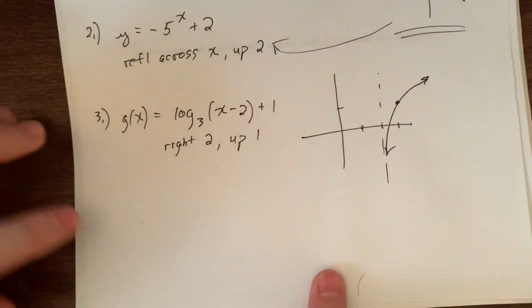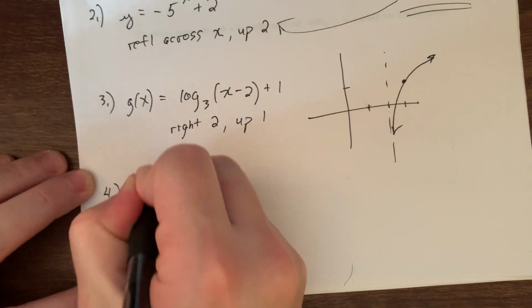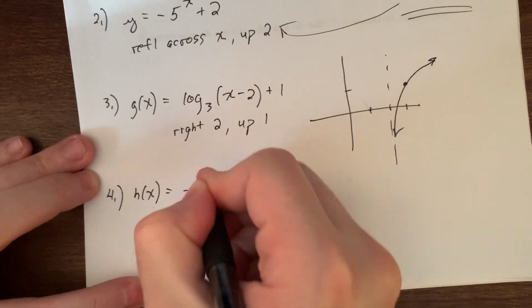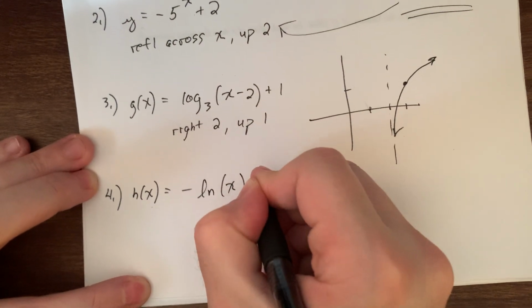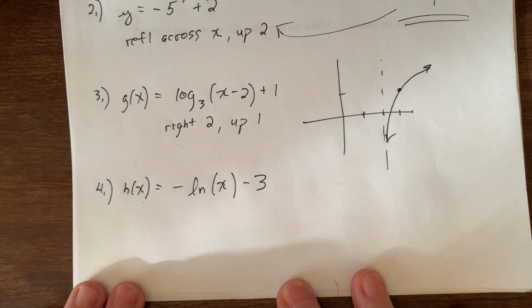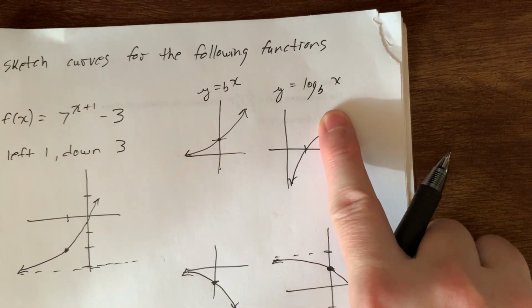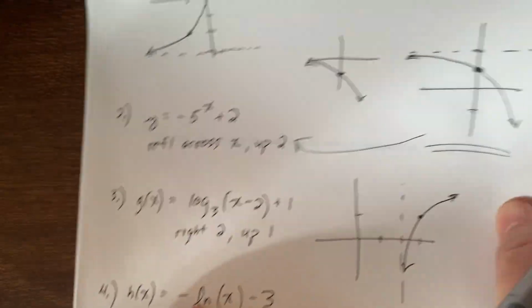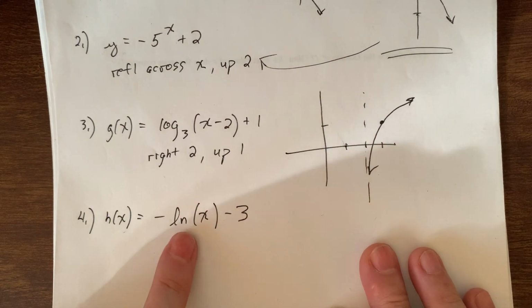One more. Number 4. Let's look at h of x is minus ln of x minus 3. Natural log. Any logarithm has this as its base graph. So number 4, still using that as the base. Oops, I'm sorry.